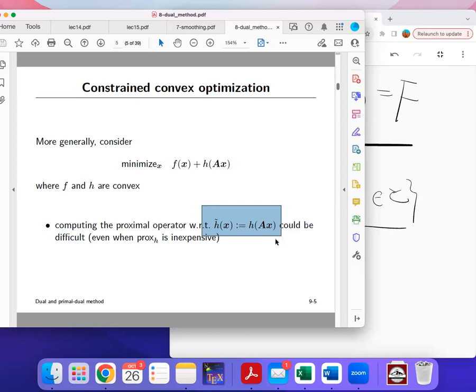For example, if h is the L1 norm, then this is the L1 norm of A times x. This is very difficult to compute because the matrix A, in general, will couple all the coordinates of x together, so it is very hard to get an analytical solution.